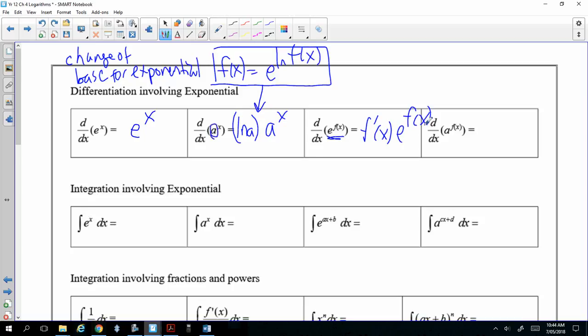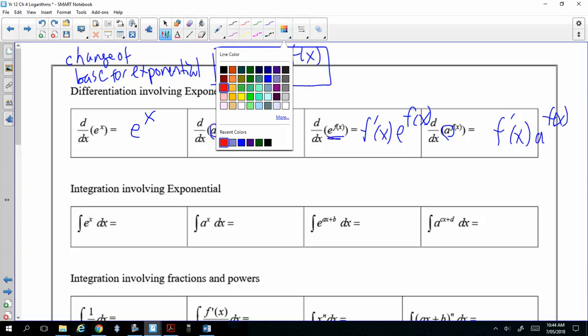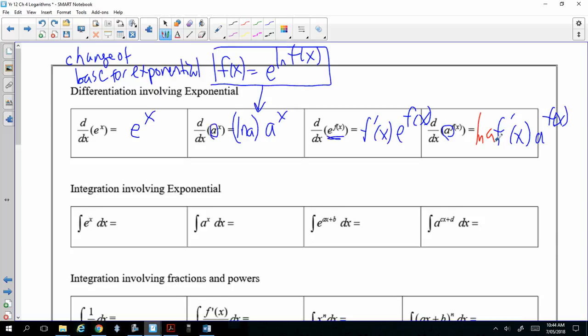And if you differentiate with base a, it's the same formula, f dash of x, a to the power fx. You just have to remember to add an extra ln a in front, like we did with this one, okay? All right, complete the exponential. Have a try.